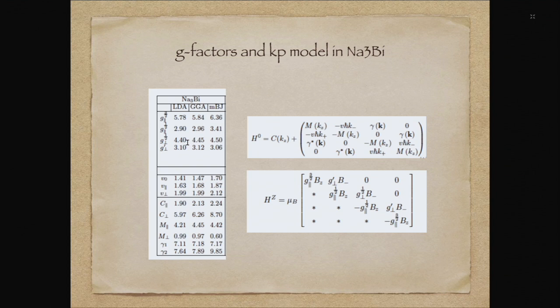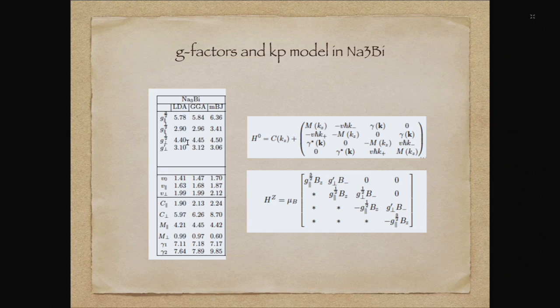So the g-factor tensor here is also a 4x4 matrix, and we got these numbers. You can see that the g-factor is pretty big along the direction parallel to z, and it has quite strong anisotropic behavior.